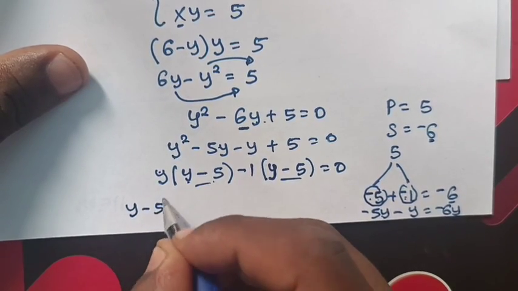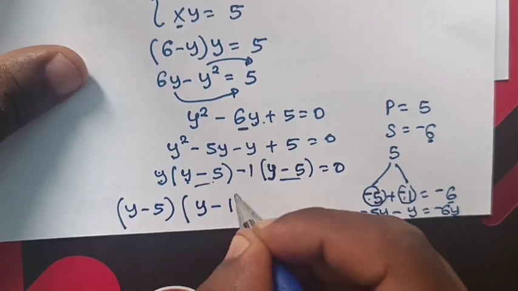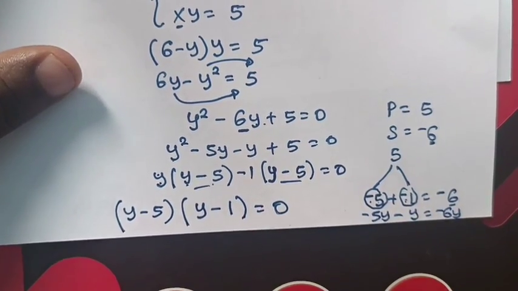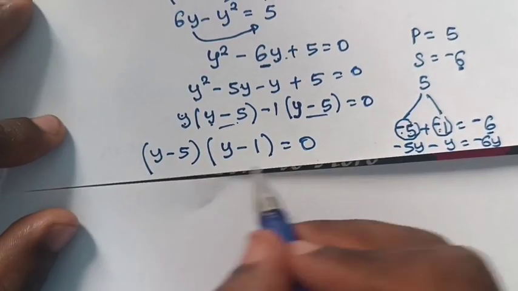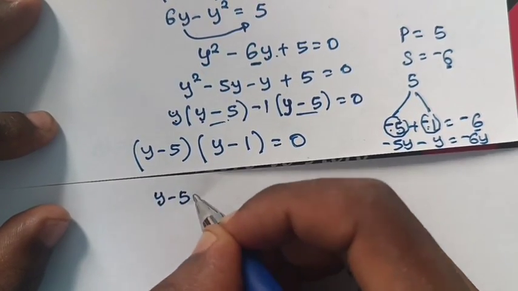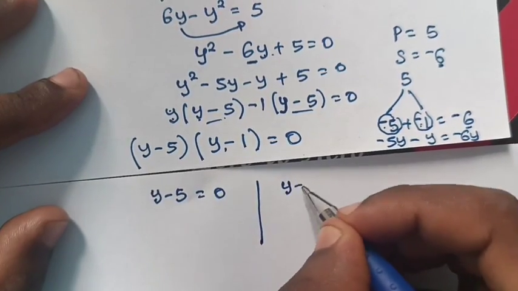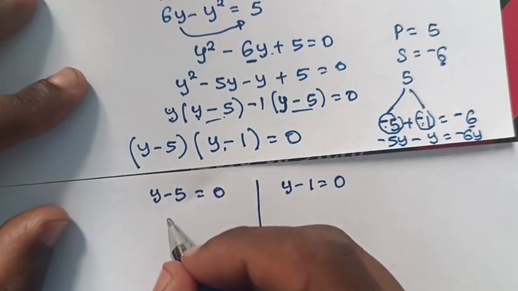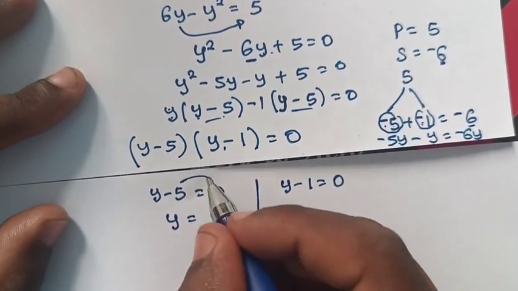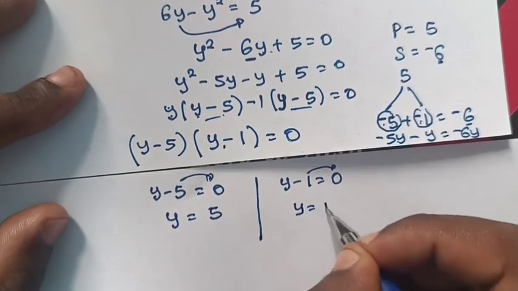So y minus 5 out of the bracket times y minus 1 is equal to 0. Then next, y minus 5 is equal to 0 and y minus 1 is equal to 0. y here will be equal to 5 and here y will be equal to 1.